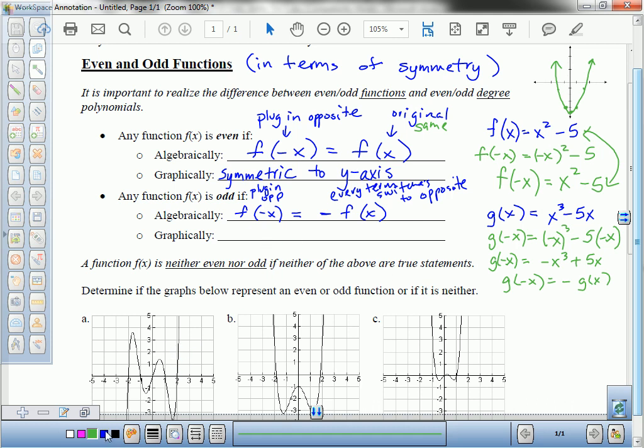Now, graphically, the way we prove this is we could say point symmetry about the origin, or this makes me think of it as rotational symmetry about the origin. And it's got to be the origin.